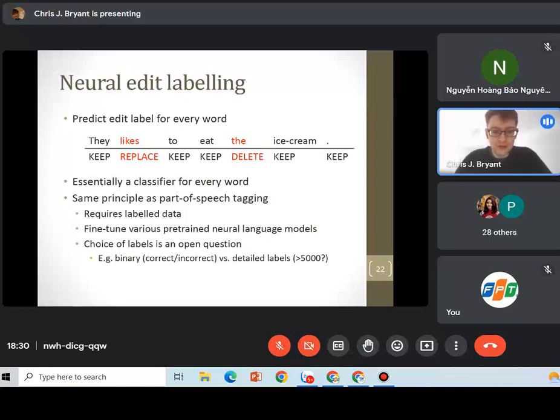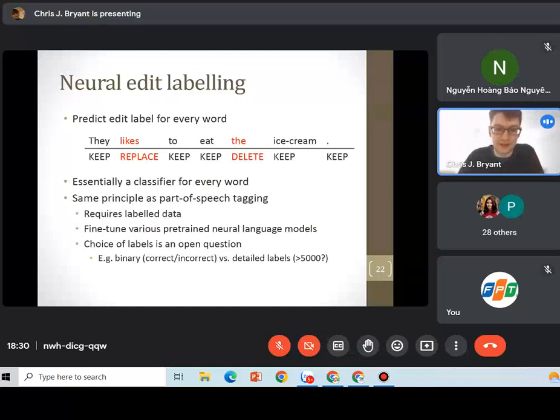Now, there is an open choice here in terms of what labels you use. In error detection, you could just have a binary: is this word correct or incorrect? In the example I've given, you could have 4 labels: replace, delete, insert, or keep. But there are also systems that use even 5,000 labels, where they will say specifically things like replace this word with "the," replace this word with "that," or change this noun to plural.